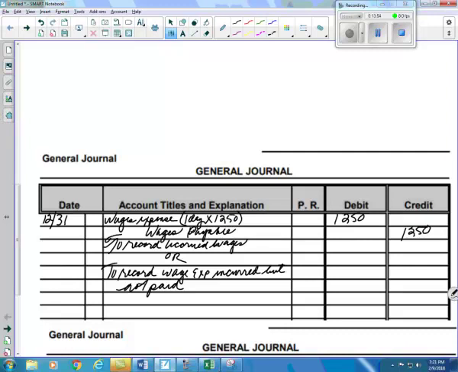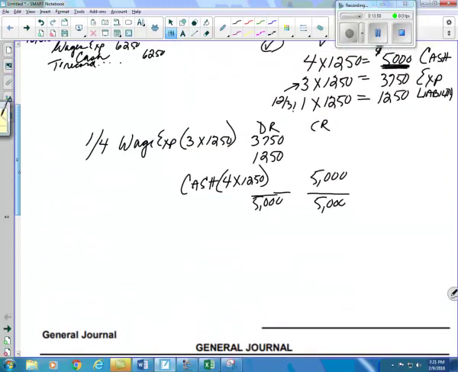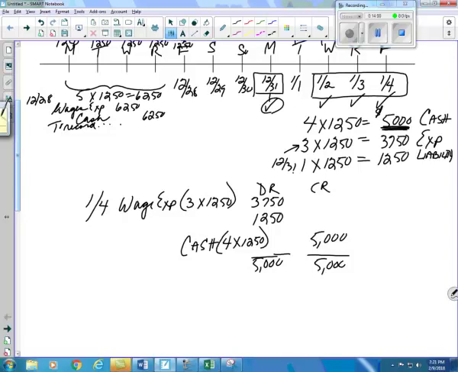Once we pay it, we don't owe it anymore, so we need to make that liability go down. So let's debit our wages payable. Wages payable is a liability, and so by debiting it, what does that do to our liability? It makes the liability go down. We credit the liability to make it go up, so we debit it to make it go down.